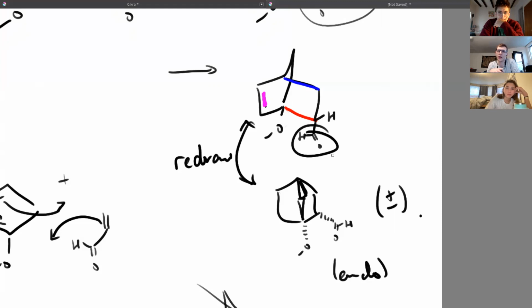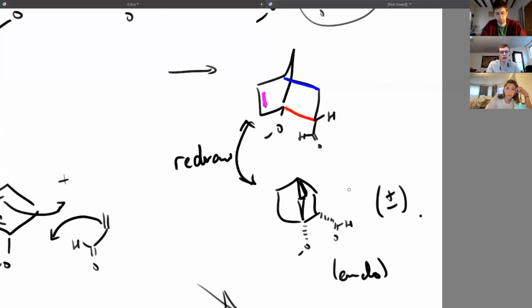Gotcha. Could you clarify when it will be axial and when it will be equatorial in this situation? In that case, it'll be axial every time, because axial in this case will mean the same thing as endo. Okay, but you said that to form the exo, you would have to move that carbonyl group to the other side.